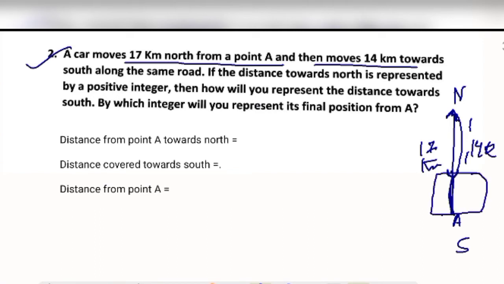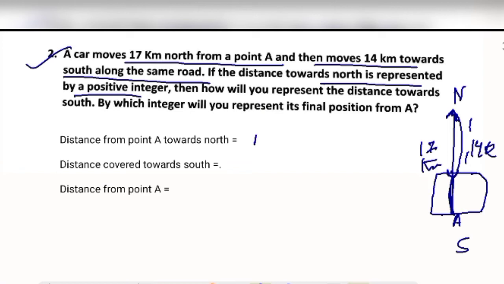So they said 17 kilometers from point A in the north direction and then 14 toward the south along the same road. If the distance toward north is represented as a positive integer, they said if the car is moving towards north, we will take it as positive.